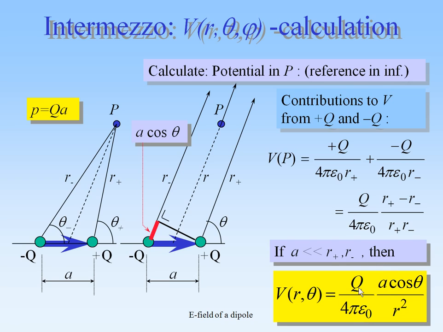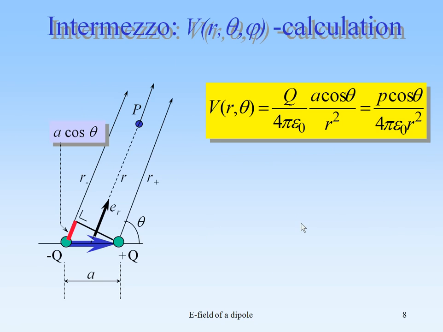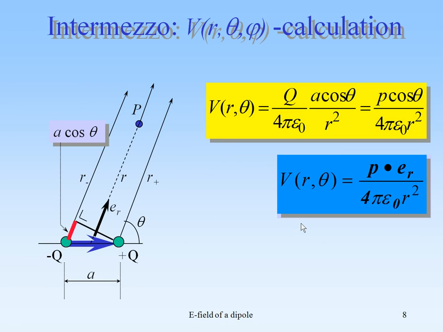And so we end up with the potential as a function of r and theta in this approximation is q over 4 pi epsilon naught times a cosine theta over r squared. r squared is r plus times r minus in this approximation. This is called the far field approximation.